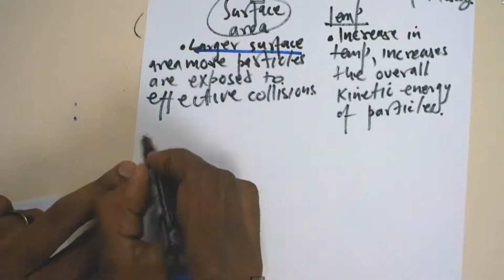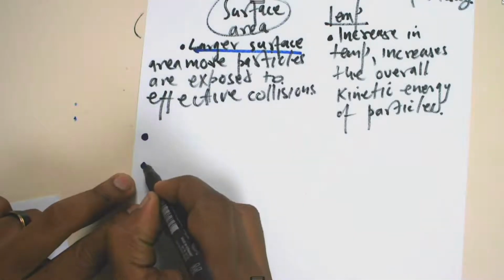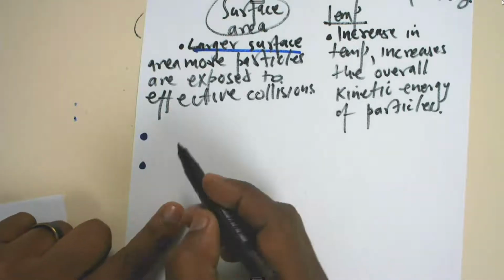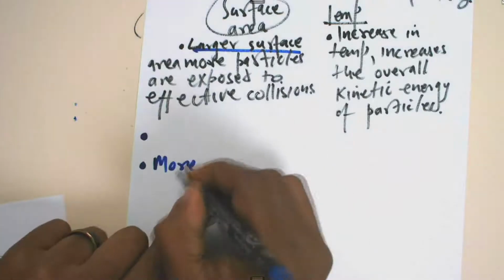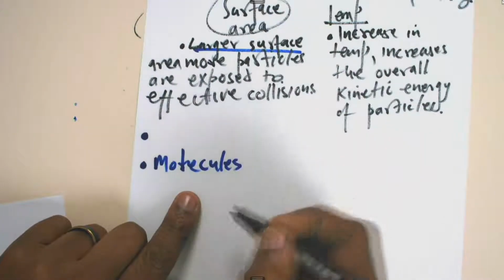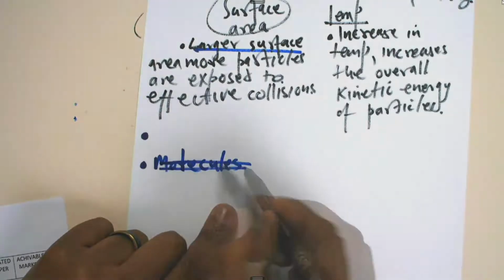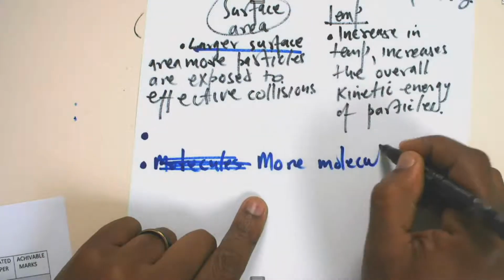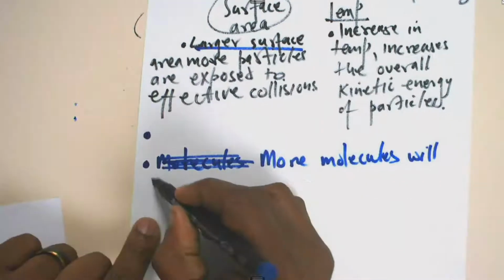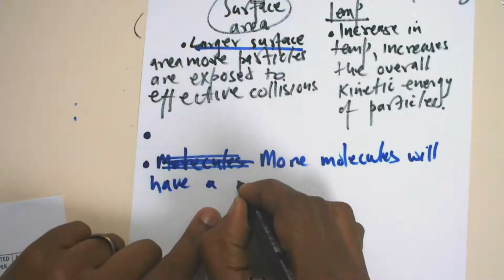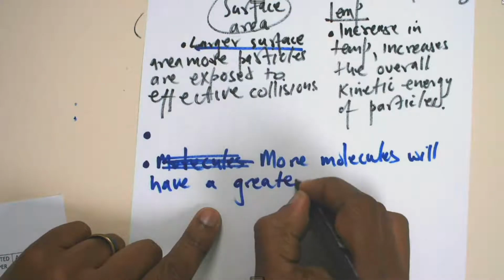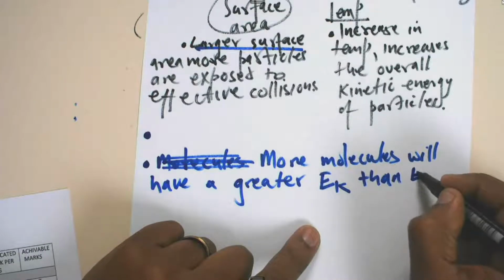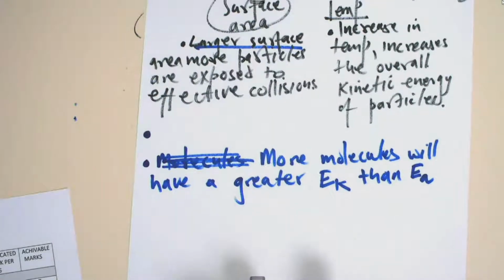So I am going to have bullet number 1 and bullet number 2. At bullet number 2, we say more molecules will have a greater kinetic energy than activation energy. That is now bullet number 2.